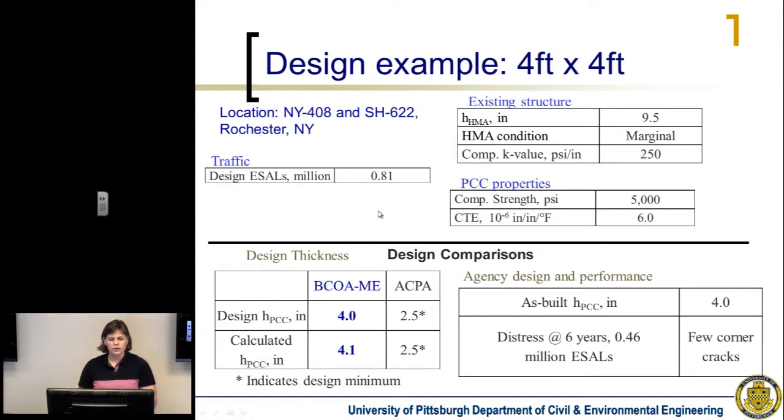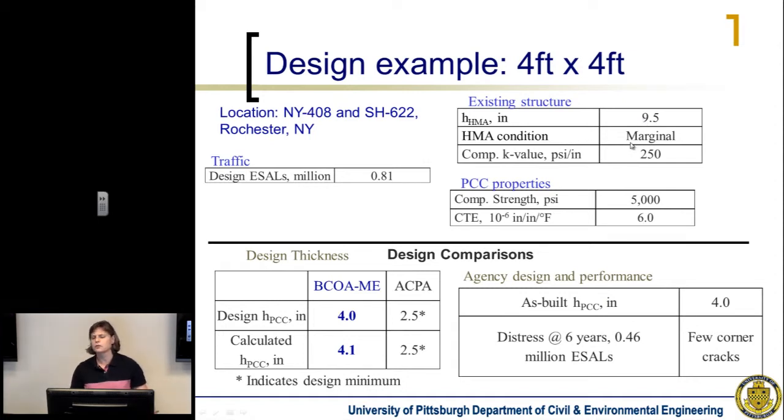Okay, so going back to our design examples, this project was constructed in Rochester, New York. 4x4 foot panel spacings were used. We had a design traffic of about 0.8 million. The asphalt thickness after milling was 9.5 inches, so quite thick. And again, this is in the extremities where we see a substantial difference between the old procedures and the BCOA-ME.